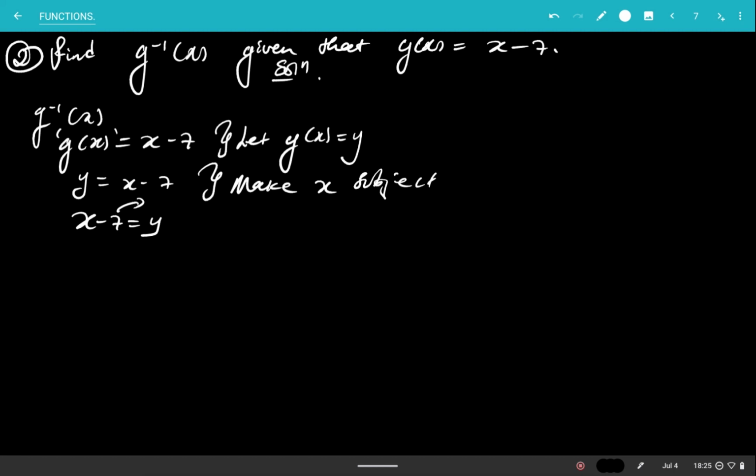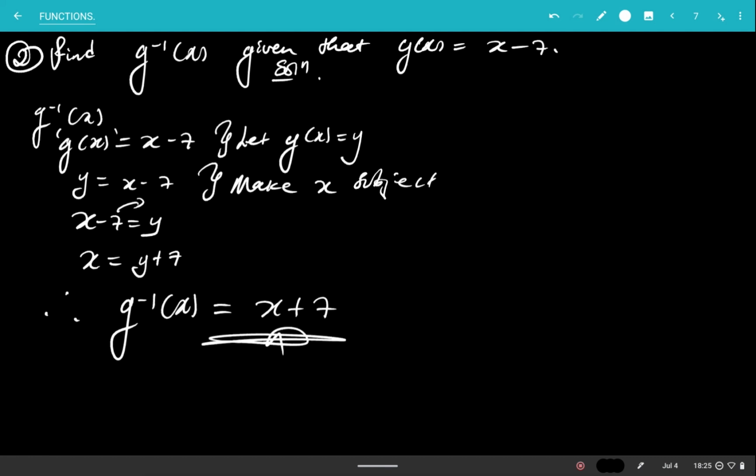The minus 7 goes to the other side and becomes a plus 7, so I have y plus 7. Therefore, after that, all I have to do is substitute. Now remember, we're looking for the g inverse of x, so g inverse of x is therefore equal to, wherever there's y, I plug in x. So x plus 7 will be the inverse of the g function.